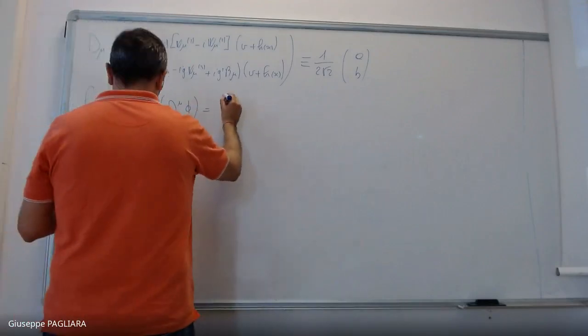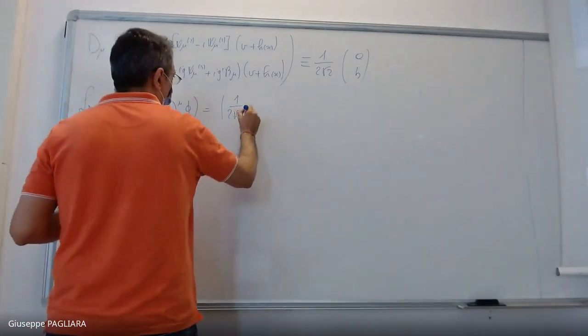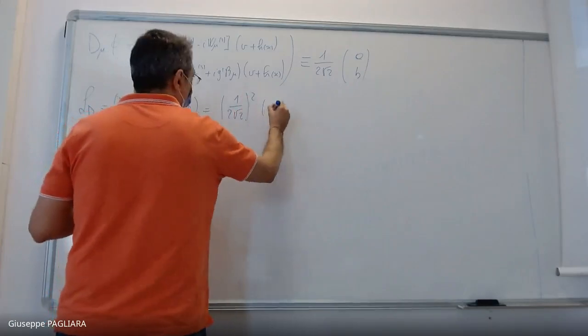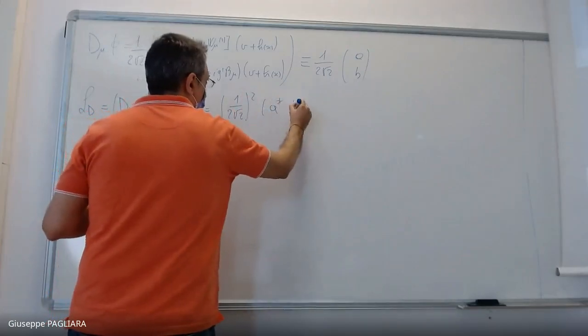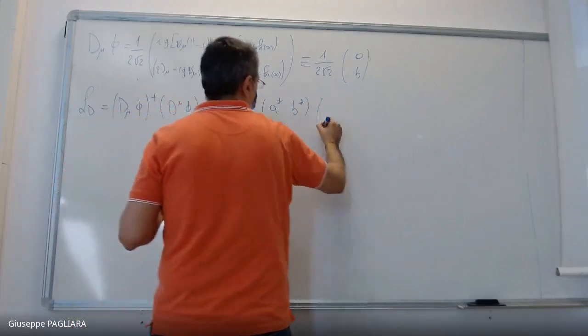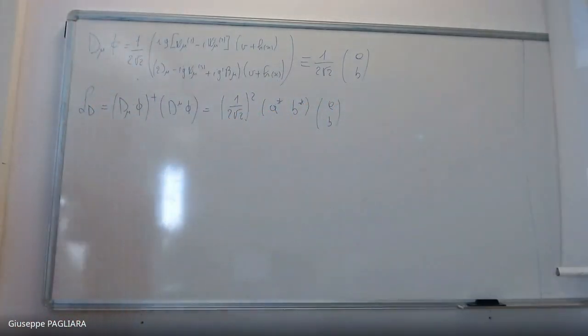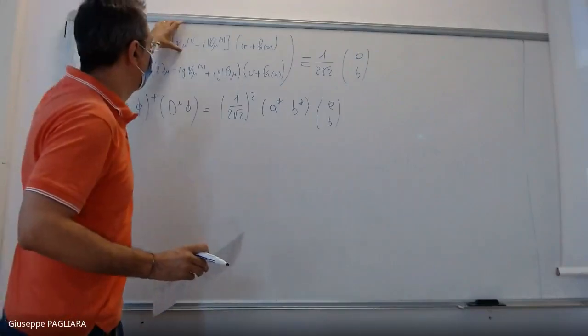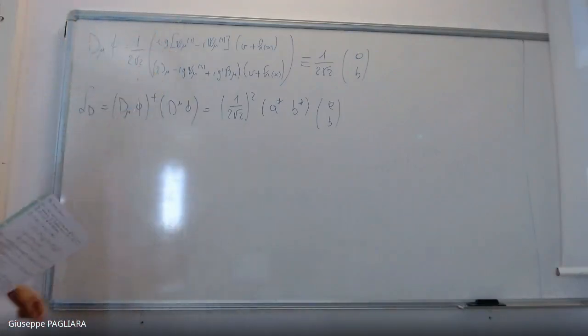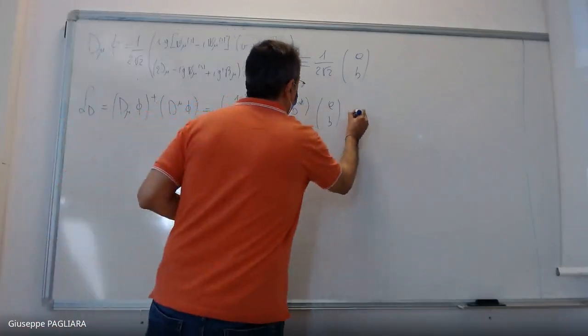So these are, in other words, 1 divided by 2 square root of 2 squared, and then we have A star, B star, that multiplies A B, where now A and B are this object and this object. Okay? So let's substitute here.